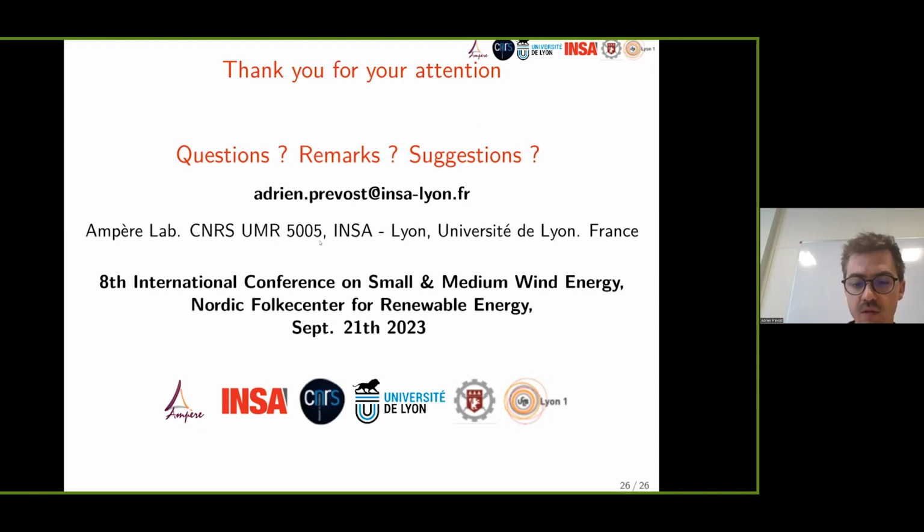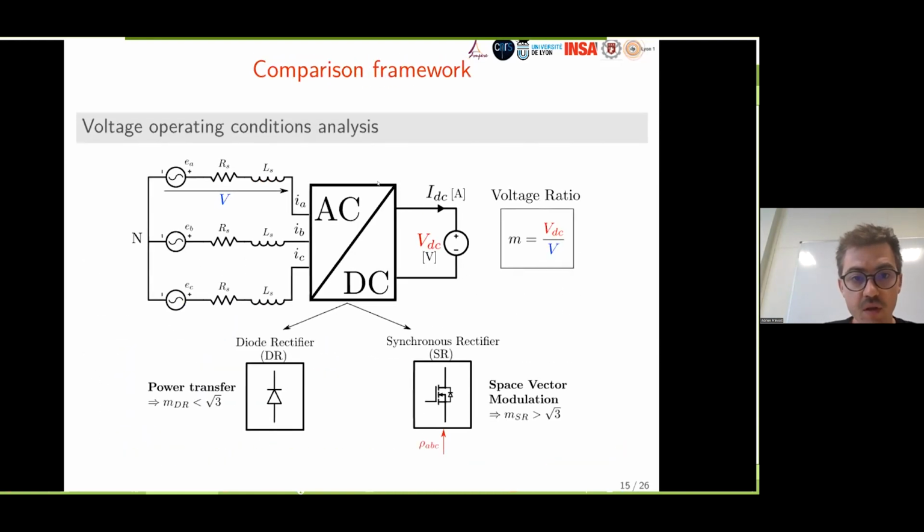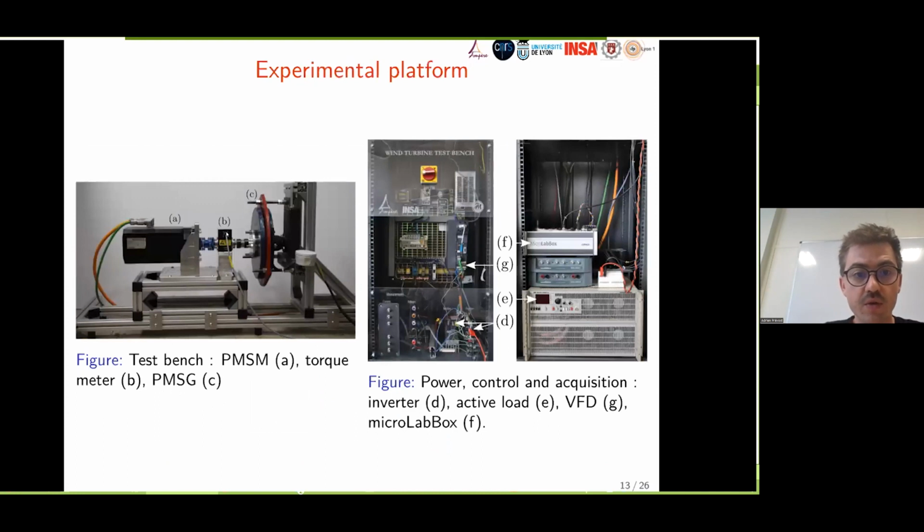Maybe, yes, I will just show that here. When we calculate the efficiency, we take the electrical power at the rectifier output, and we divide it by the mechanical power measured on the shaft. So the shaft is over there. The torque is measured by the torque meter, and the rotational velocity also.